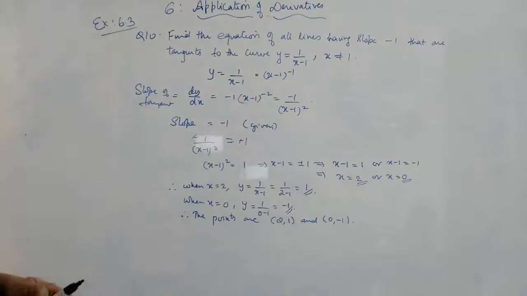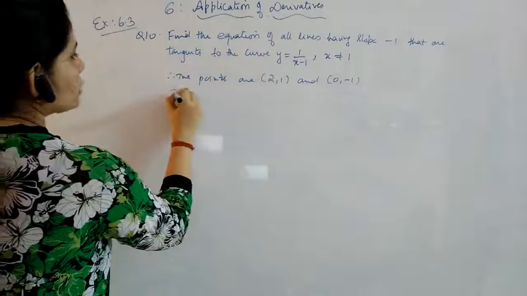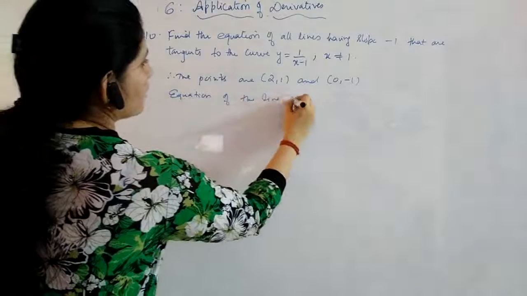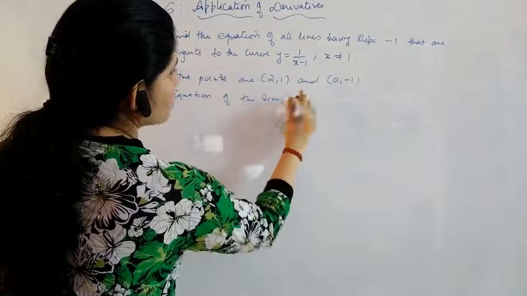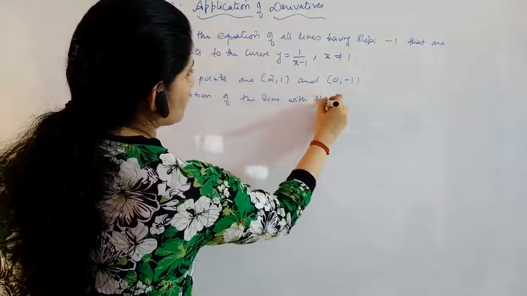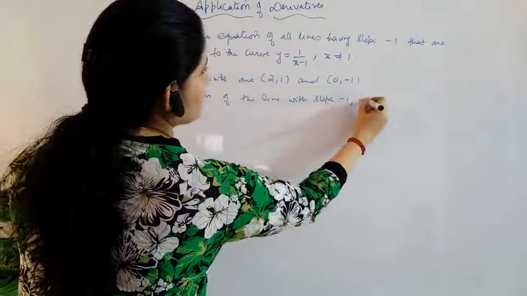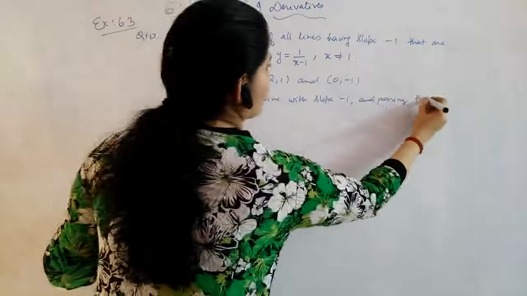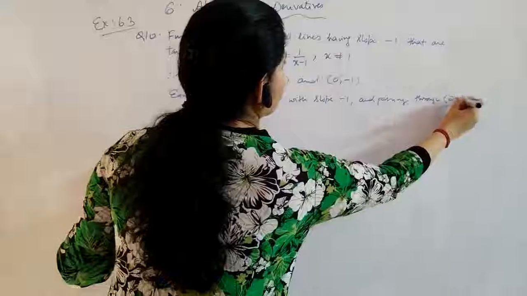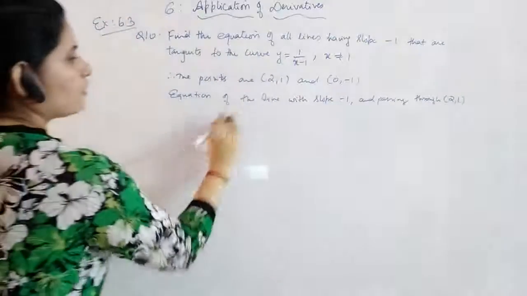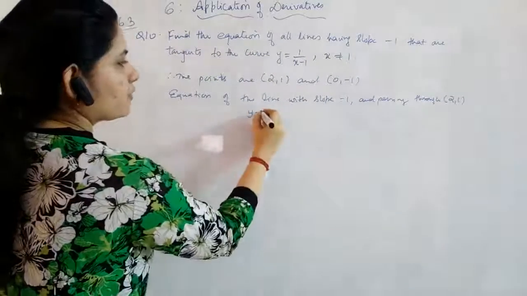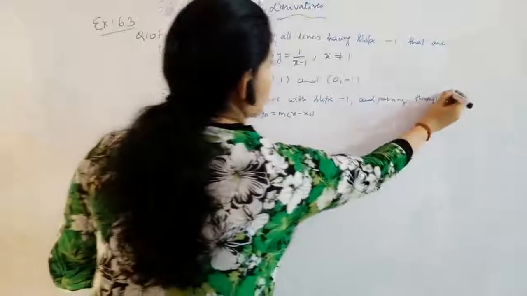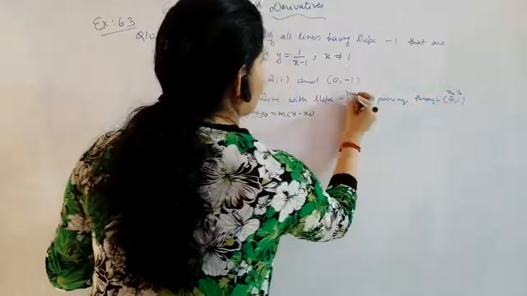The first equation is, the equation of the line with slope minus 1 and passing through one point we are taking, that is 2 comma 1. What is the formula? Point slope form: y minus y naught equal to m into x minus x naught. Replace the values. This is your x naught, y naught. This is your m.